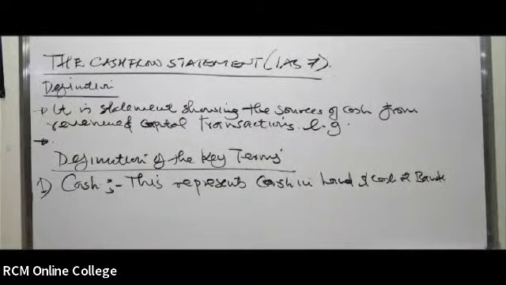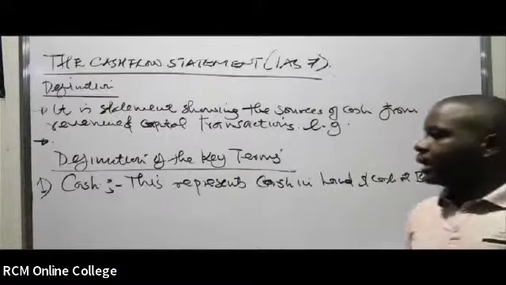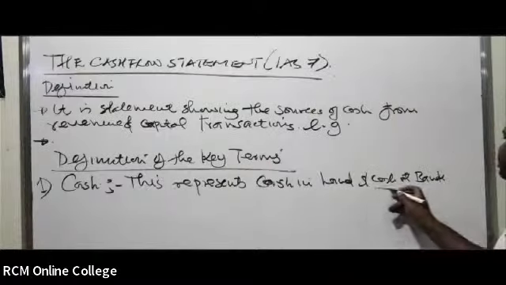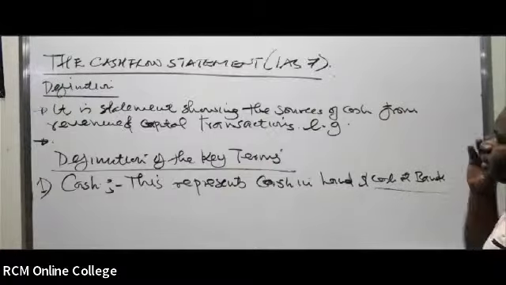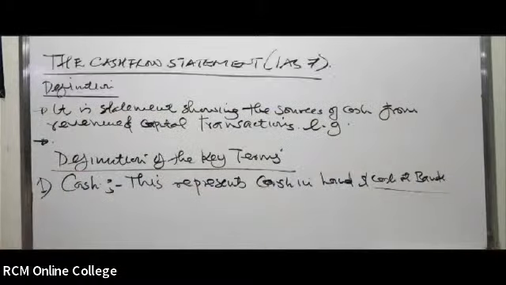Cash in hand is what you have at hand in the business, maybe actually in your safe. And the cash you have at the bank is what you have put under safekeeping in the bank. So we combine the two, and we end up with cash. And of course, that is basically what you are looking at.